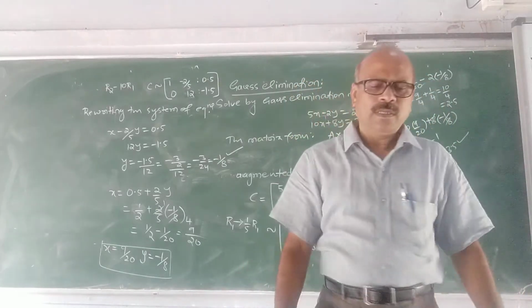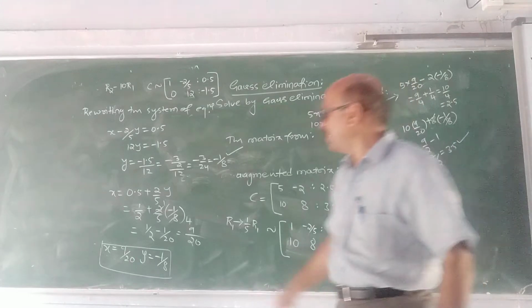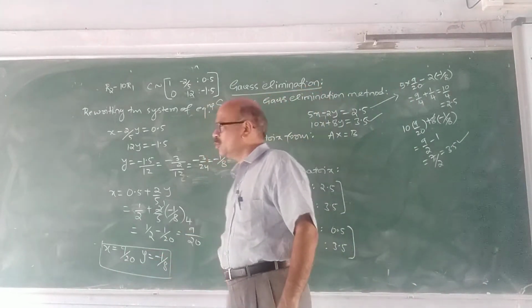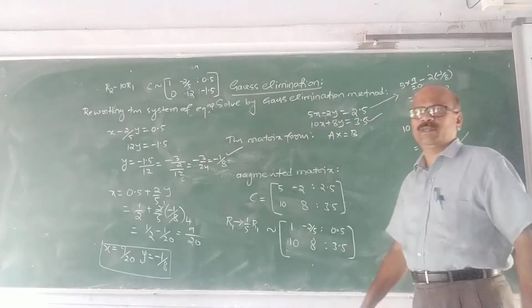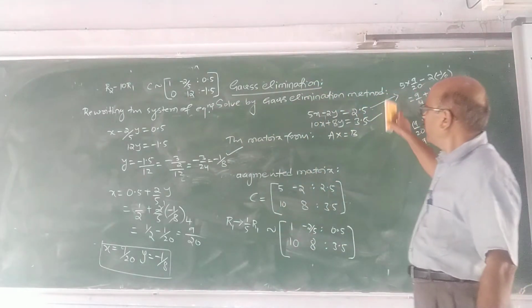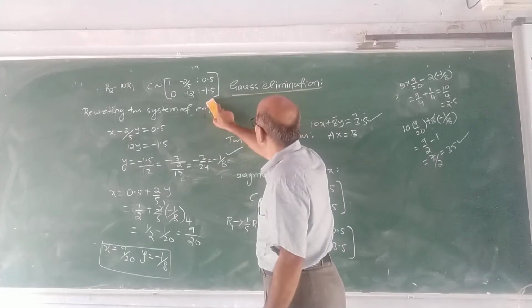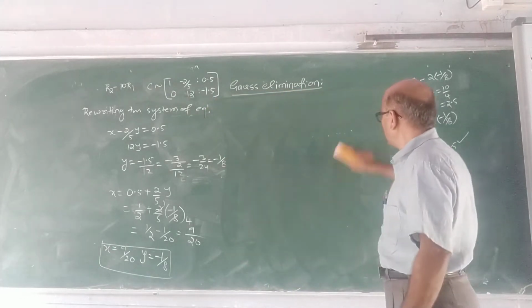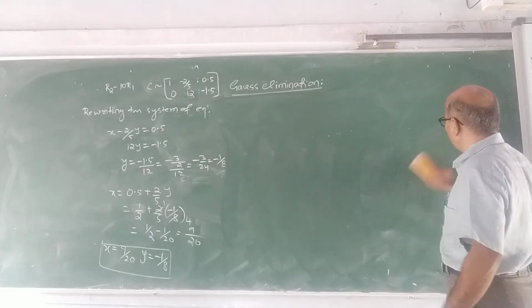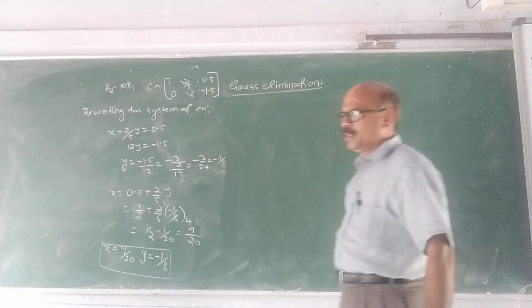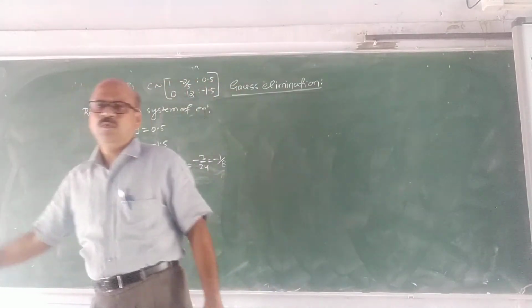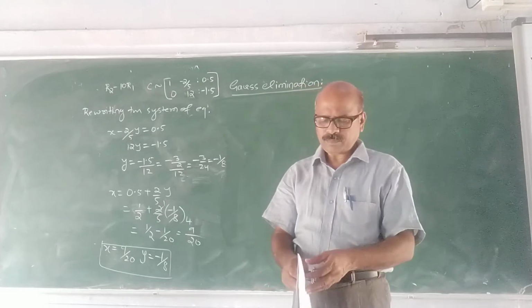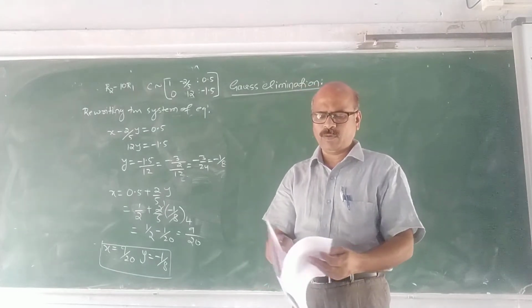Hence the values of x and y obtained satisfy both the equations, and therefore it is the solution, and this is called the Gauss elimination method. What is the Gauss elimination method? In this method we reduce the augmented matrix to triangular form and we rewrite the system of equations so that by back substitution we get the values of x, y, z. Let us consider one more problem here.